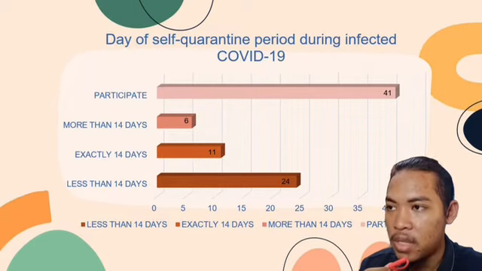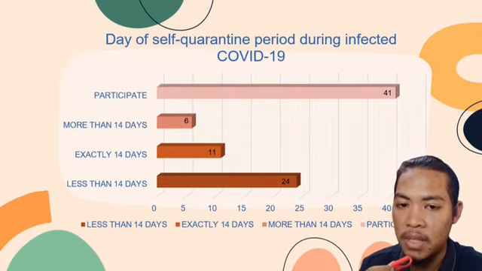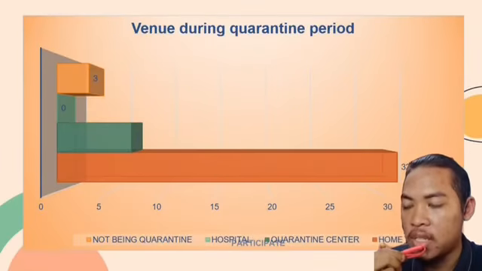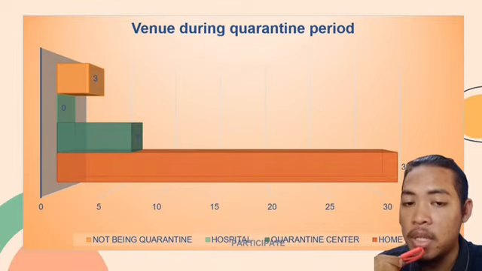And the lowest one is 6 participants, who were more than 40 days in quarantine during COVID-19. Alright, the last question is the venue during the quarantine period.